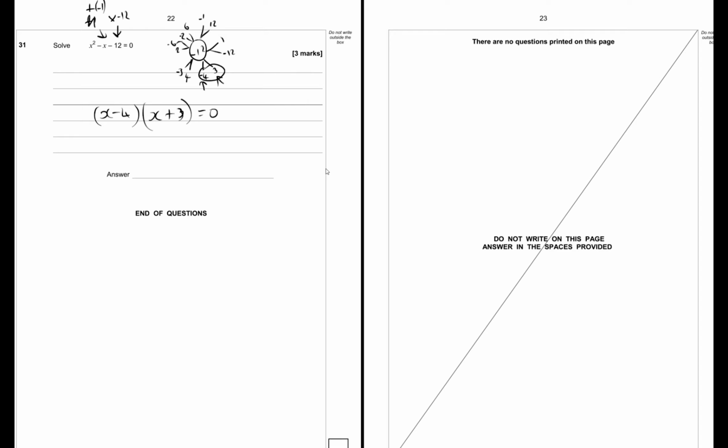So we can separate this into two equations: x minus 4 equals 0 from this side, then from the other side, x plus 3 equals 0. So this first one, what is x? You're going to have to move your 4 to the other side, so that one's going to give you x equals 4. And the other one, you're going to have to move this 3 over to here, so you're going to get x equals minus 3. And we are done.